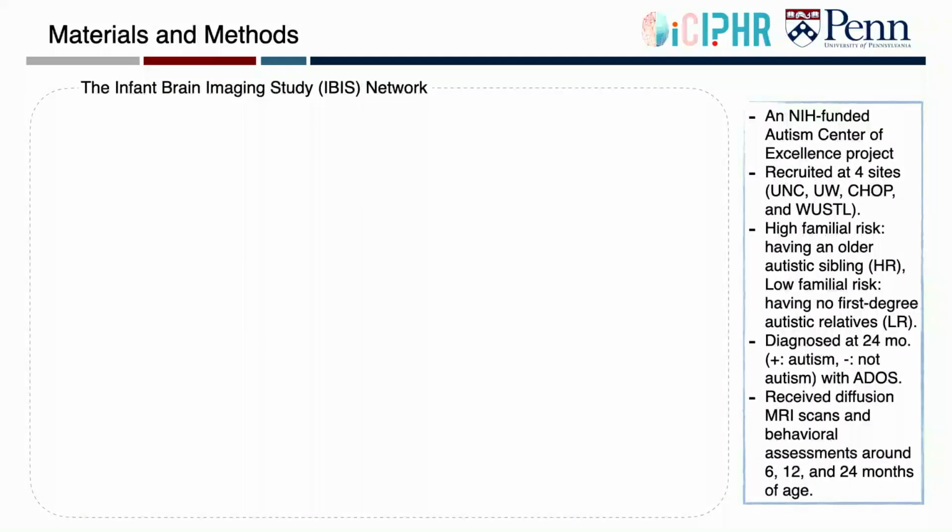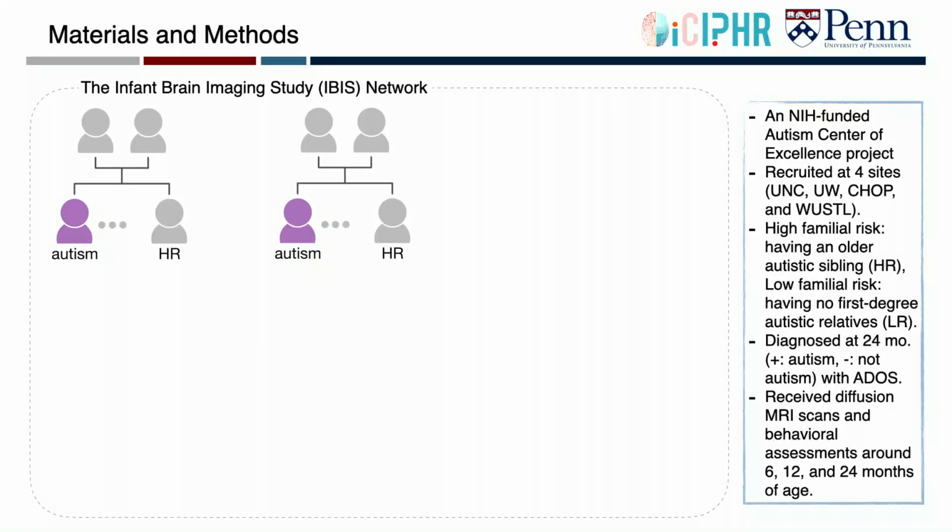We gathered our data from 4 clinical sites in the IBIS network. Infants having an elder autistic sibling are defined as the high familial risk group, denoted as HR. Those without first-degree autistic relatives are defined as the low familial risk group, denoted as LR.